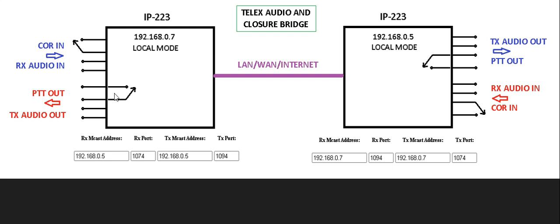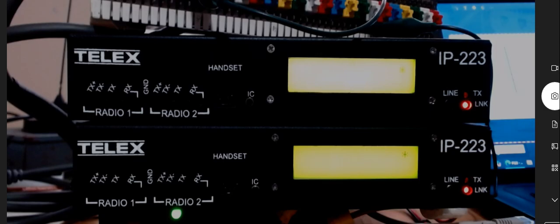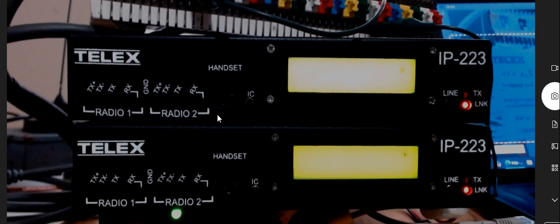And that gives me the pathway. Now let me show you on the camera here what it looks like. I have two IP-223s, and I have one of them, the DB25 is coming up here to this breakout, and I'm going to short it and put the COR on, and you'll see as soon as I put the COR on, I'll start sending receive packets out of one, and then they'll be received as transmit packets at the far end.